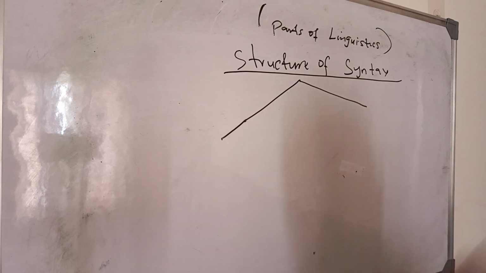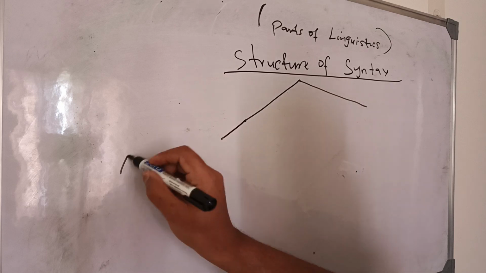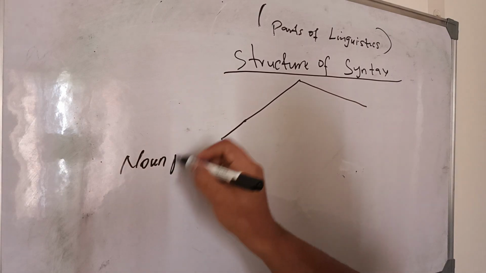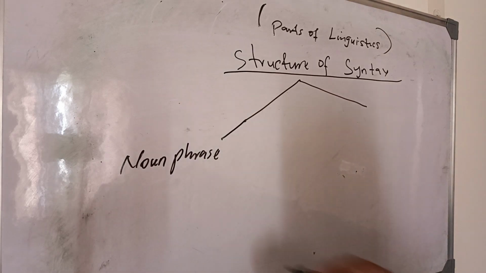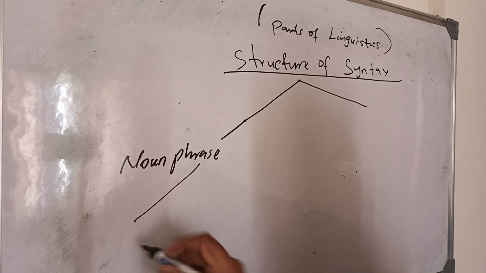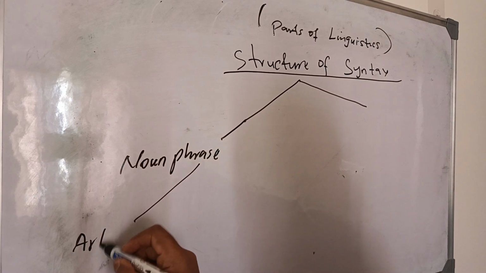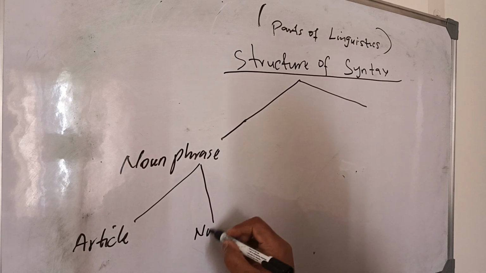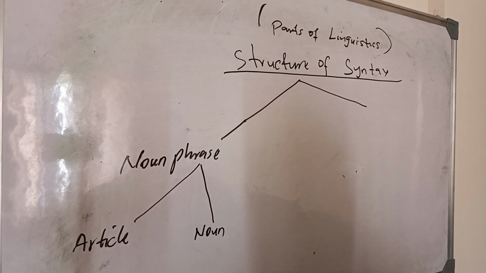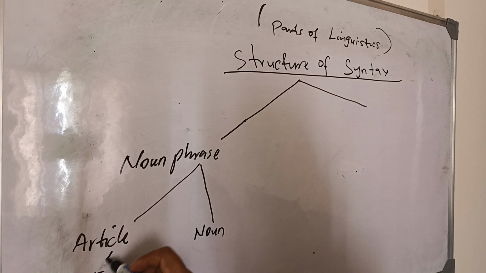And this one comes like this, so it becomes a noun phrase. So the noun phrase has two parts. One is an article, then it has another one, which is a noun. So if you say a noun, let's say use the word the for the definite article.